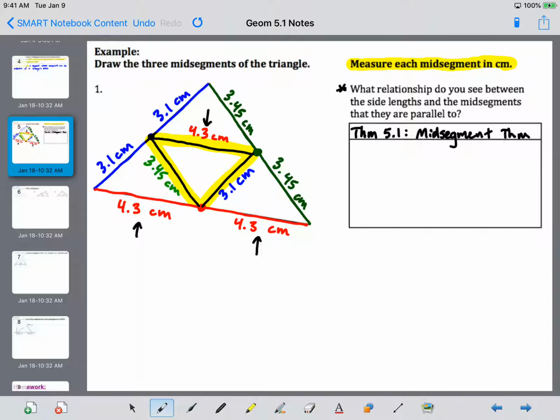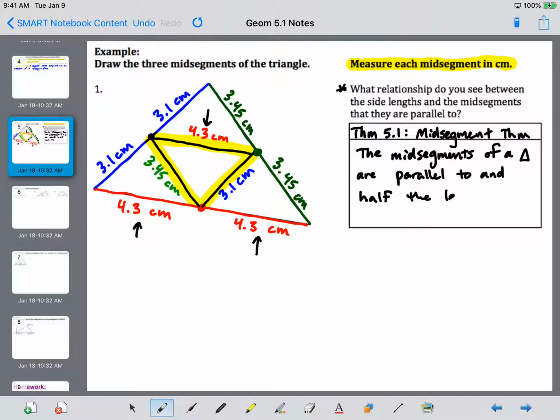So it's half the length of the side that it's parallel to. That is all that this theorem says. The mid-segments of a triangle are parallel to and half the length of their opposite side.